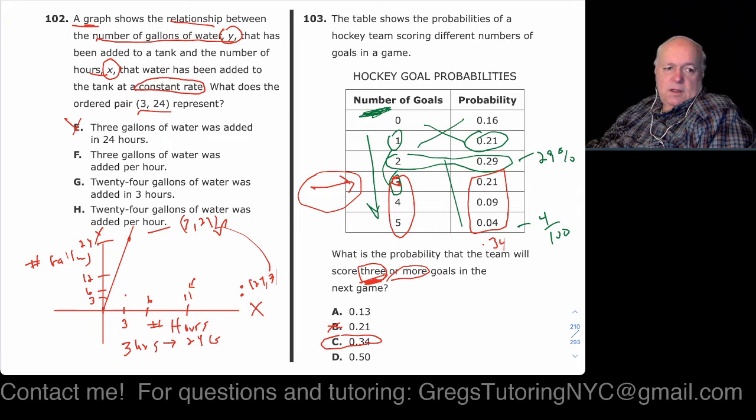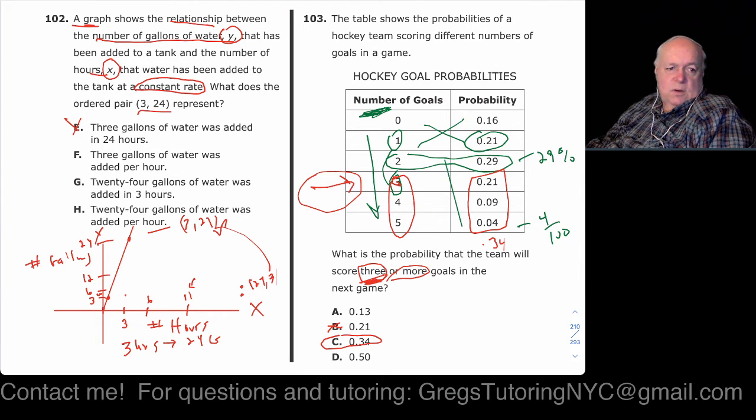Okay, F, 3 gallons of water was added per hour. No, if we get 3 gallons of water, it is going to be over here. I'm not convinced that's 1. So that's not what it's talking about there.